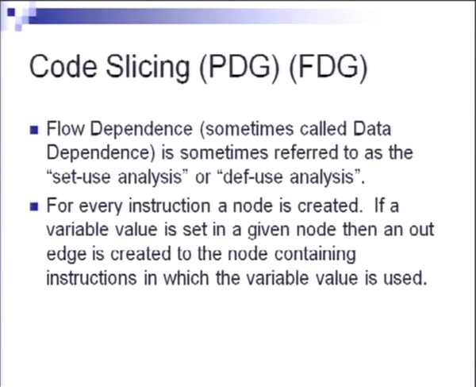I've heard there is another usage of def-use analysis related to test coverage, but this is not related to that. This is something different. For every instruction in the procedure, a node is created. If a variable value is set in a given node, then an edge is created to the node containing the instructions in which the variable value is used. So directed edges are from set to use, which is the set-use analysis.